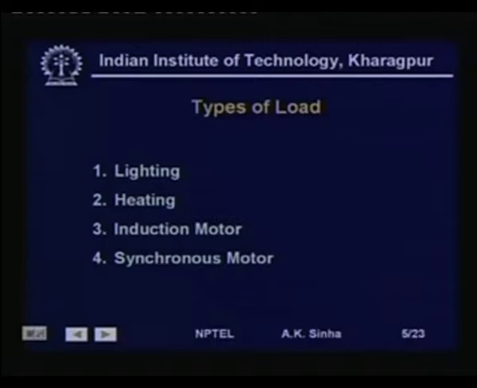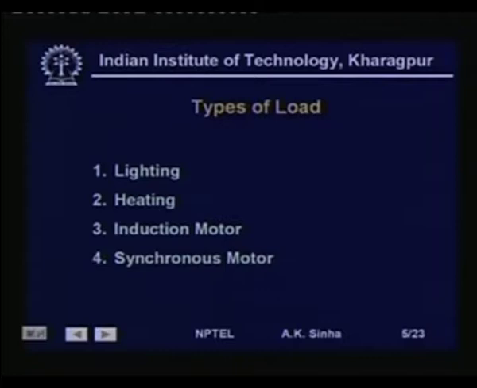Now, we will talk about different types of load. I have shown here 4 different types of loads. There may be many more, but these are the general types of load that we have. We have lighting load, which consists of incandescent lamps, fluorescent lamps, maybe discharge lamps, that is, those light bulbs that we have, incandescent bulbs.